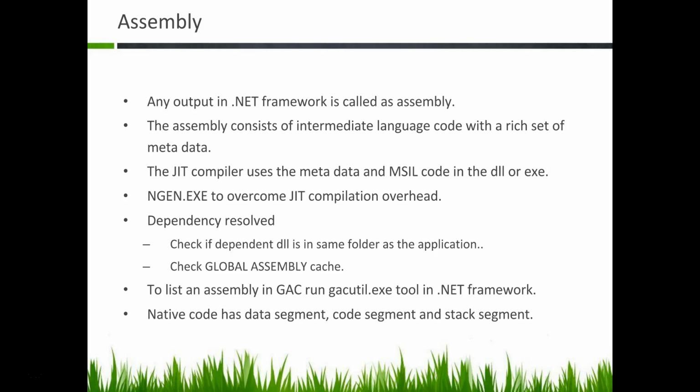So in order to minimize the number of times the JIT compilation has to happen, what you can do is, when you install your application on the target machine, you can call this utility that comes in the .NET framework called Native Image Generator, ngen.exe, and say, hey, I want these assemblies to be converted into native code on this machine, so that when they get loaded, they don't need to go through JIT compilation every time.